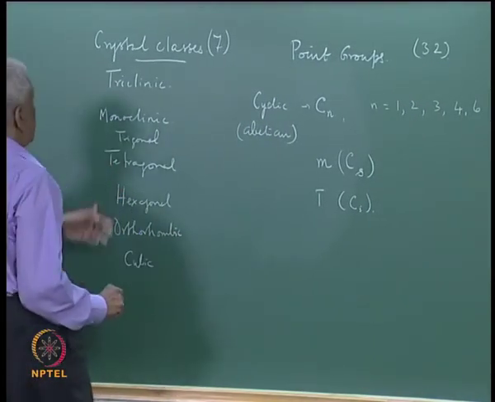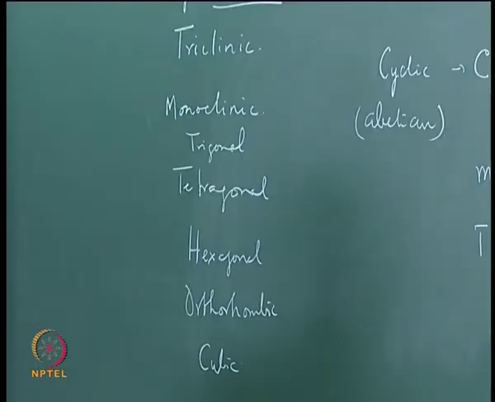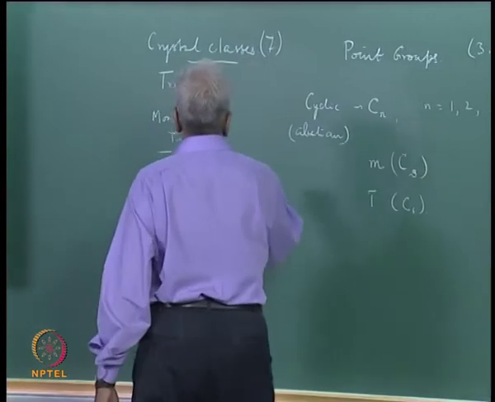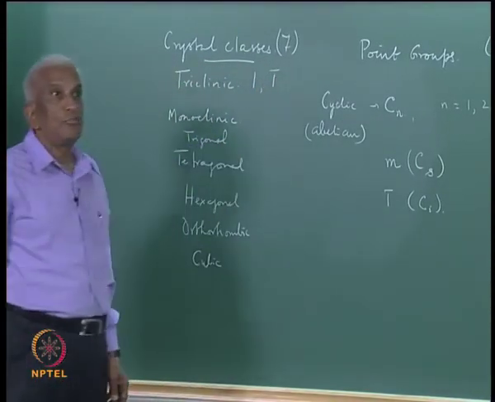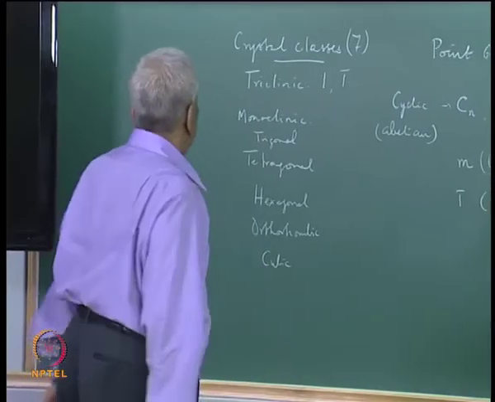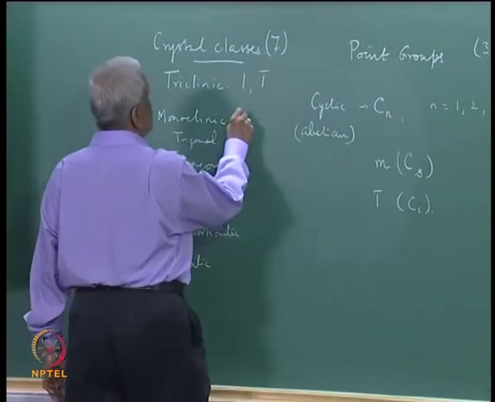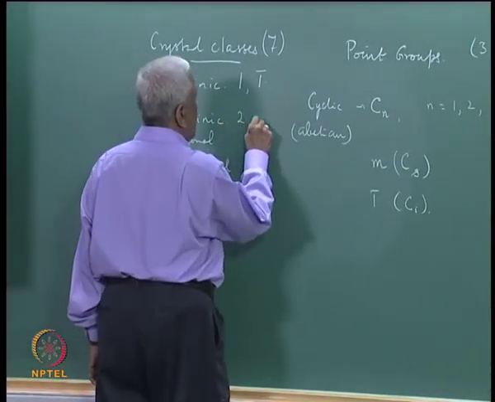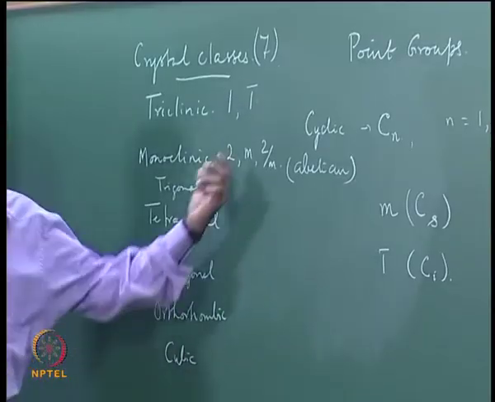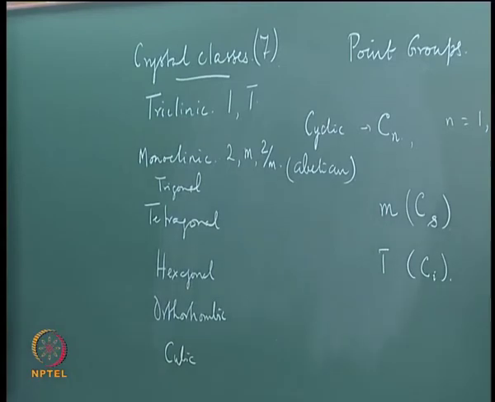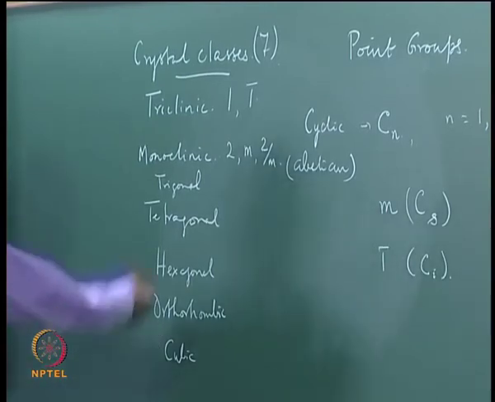So, these are the crystal classes, and you can see that the triclinic does not have any degree of symmetry, and the point groups 1 and 1 bar fall in this. Monoclinic is 2, m and 2 by m. All these have a principal two-fold axis, and then you have trigonal.